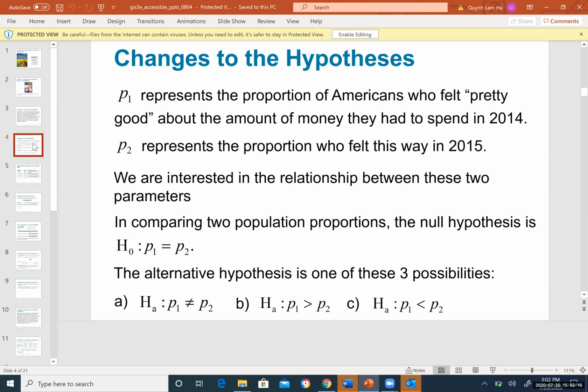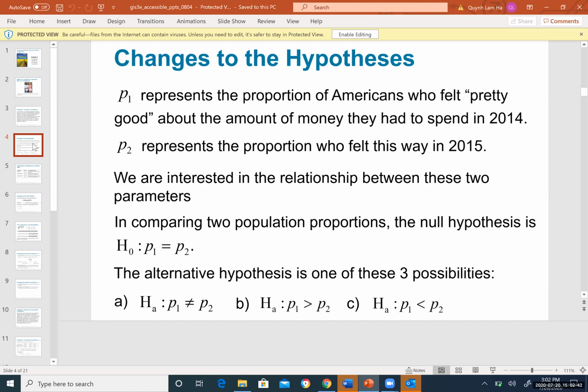And P2 represents the proportion of the Americans who felt pretty good about the amount of the money they had to spend in 2015, right? Next, we are interested in the relationship between these two parameters. So P1 and P2 represent the parameters, okay?